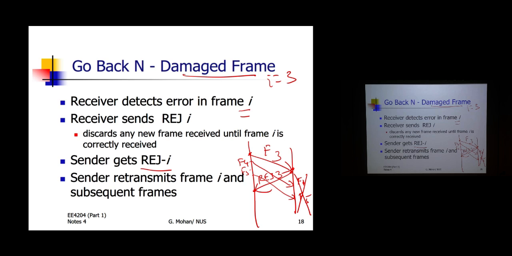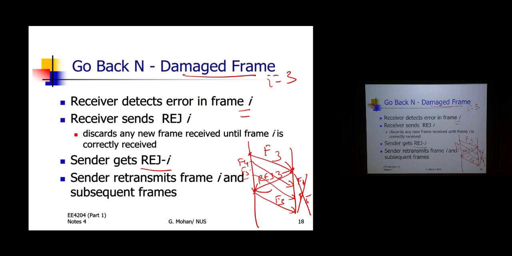What will the sender do? The sender has received reject 3 here, but it has transmitted until frame number 5, and it knows that they are following go back N. So it will retransmit frame number 3. Now what is the next frame to be transmitted? Frames 4 and 5 it has already transmitted.